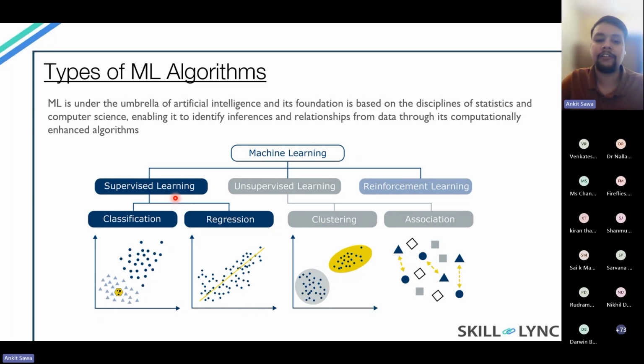One is classification problems, the other is regression problems. We'll speak about all of them in detail in subsequent slides. And for unsupervised learning, two major applications that you see are clustering techniques and association techniques. Again, we are going to speak about it in the subsequent sections. So these are the major classes of machine learning algorithms today.